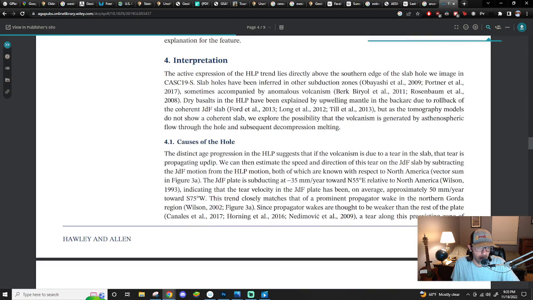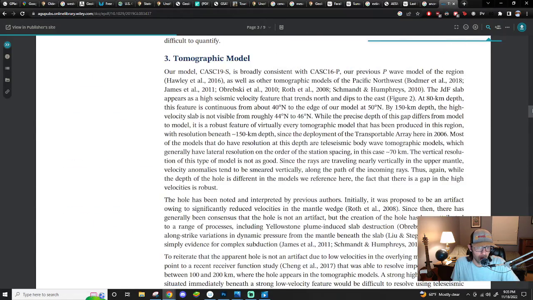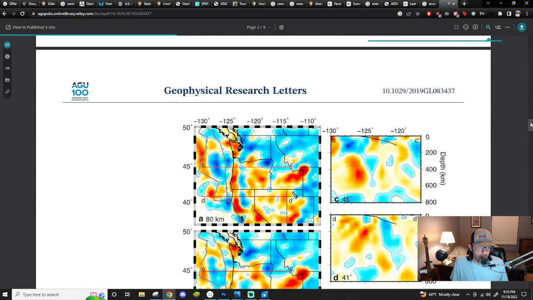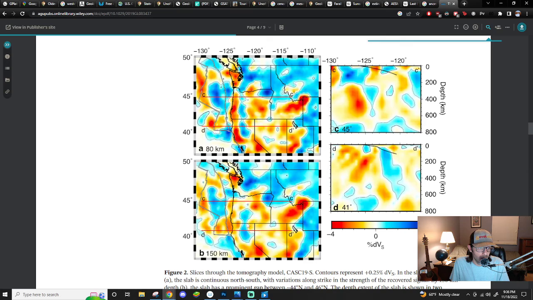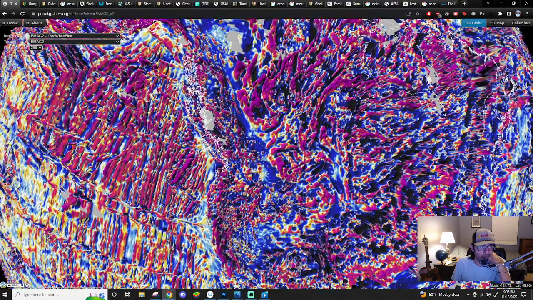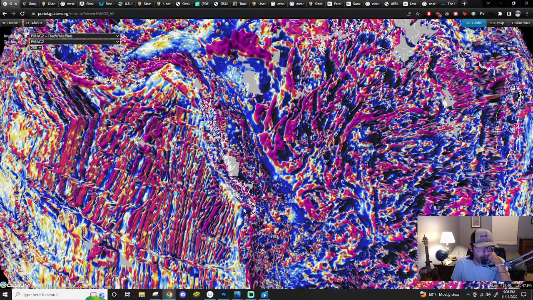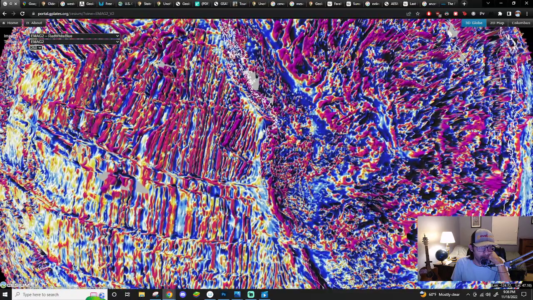Figure 2. High seismic velocity feature. Juan de Fuca slab. Probably though, so to go back to what they were saying about it subducting under, it probably is subducted under right here and only here.